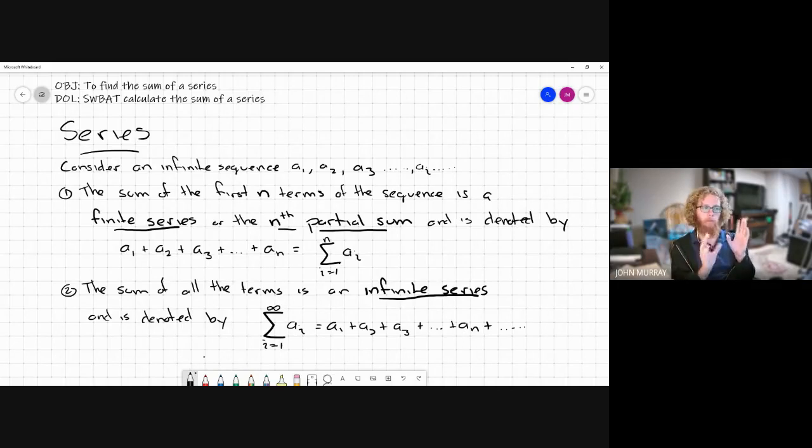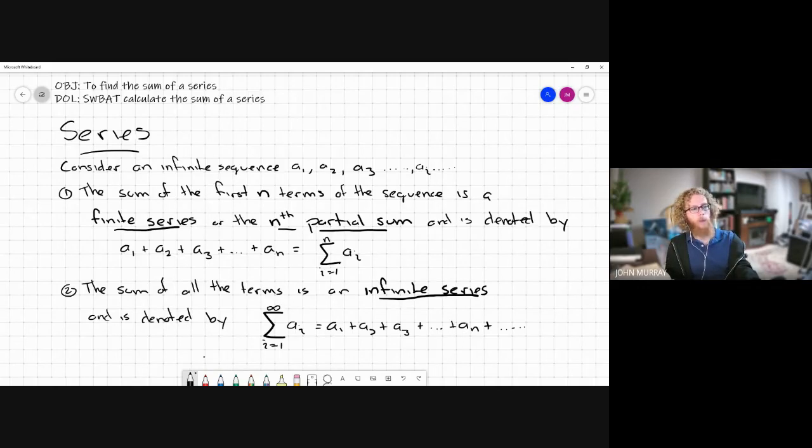We want to stop after n terms. So once we stop, that becomes finite. It's not infinite anymore. So when we find the sum of those terms, we call that a series. It is a finite series, also known as the nth partial sum.